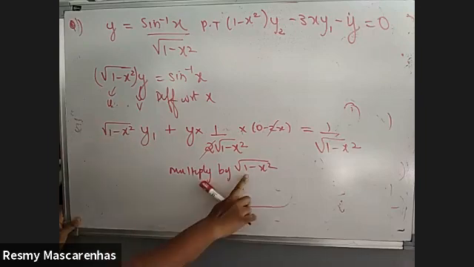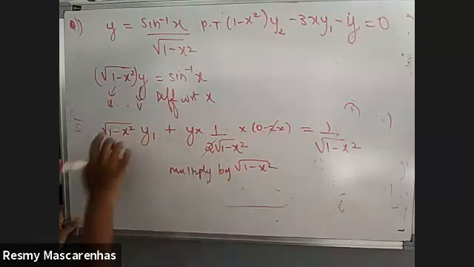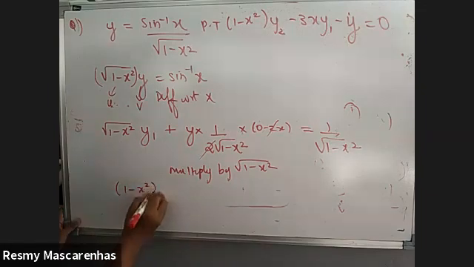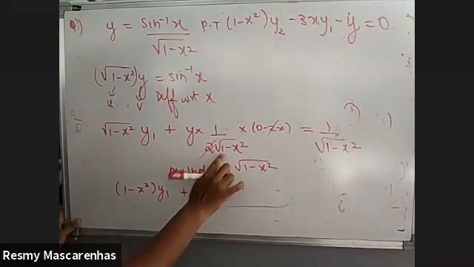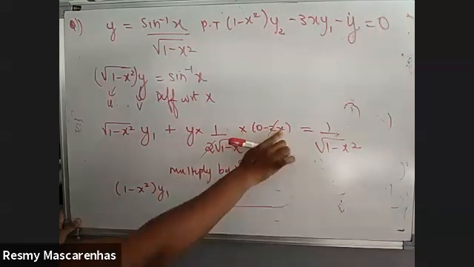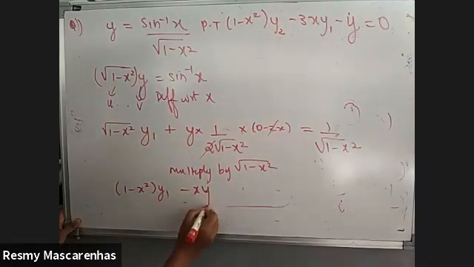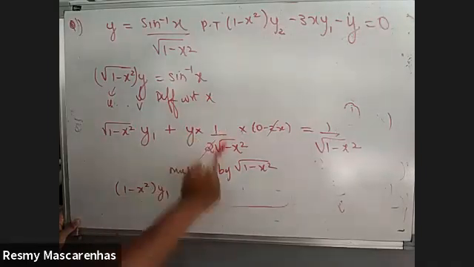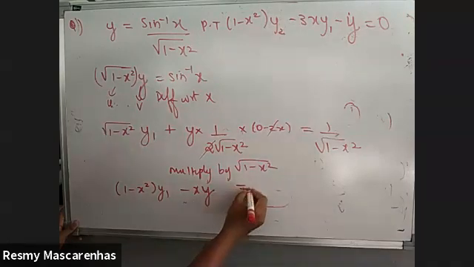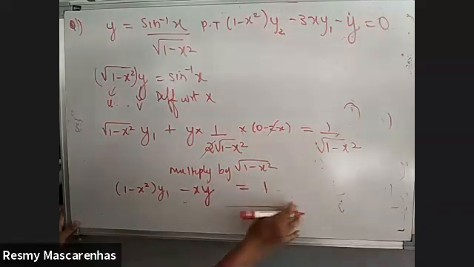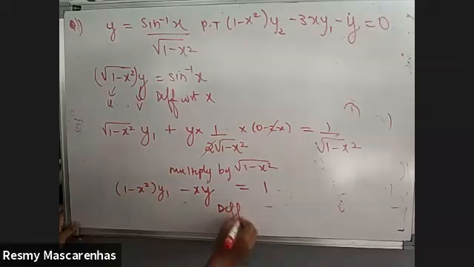When you multiply over here, root into root will give me simple one. So here this term will go. So this will be minus xy you will get. If you want, you can take one extra step and solve. Finally, you will get this is equal to, root and root will cancel, this will be 1. Now you differentiate again.